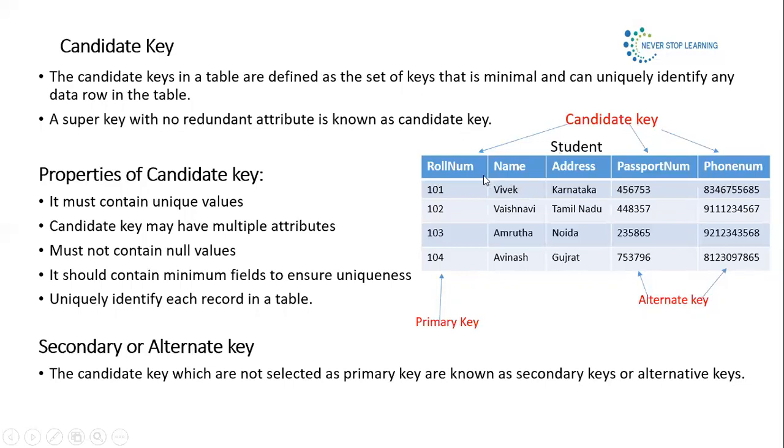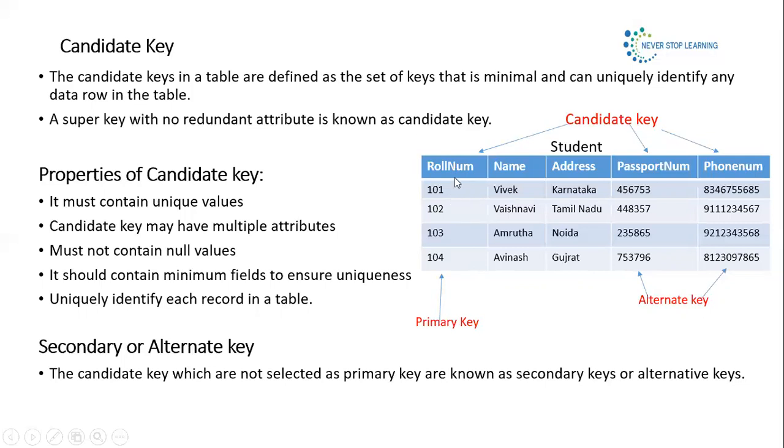See here, the only condition is that it should uniquely identify the data row in a table. So if you can see, roll number has the power to uniquely identify the data, passport number, and here in this table phone number also, because we are considering that everyone has a unique phone number. No two people are sharing a common phone.